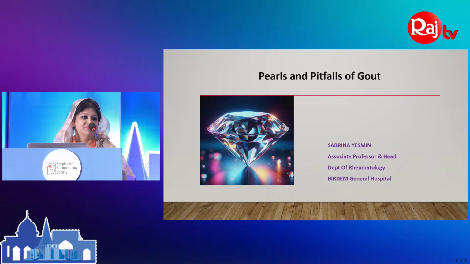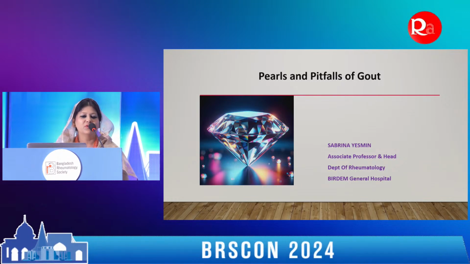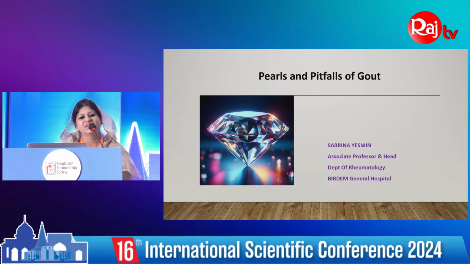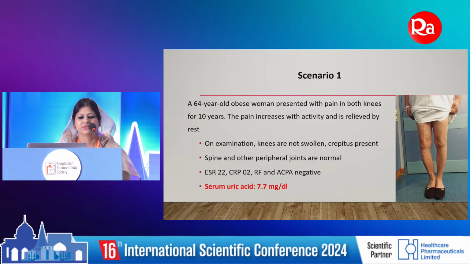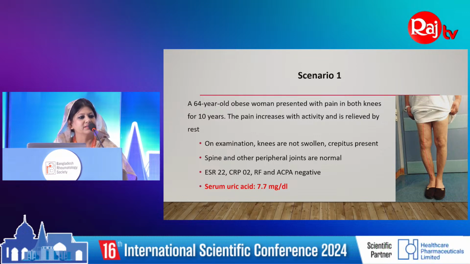Ladies and gentlemen, today I am not talking about the value of this crystal. I am going to talk about the pearls and pitfalls of the crystal-associated disease, that is gout. Before going to my presentation, I will show you some scenarios. A 65-year-old obese woman has mechanical pain in both knees, and her acute phase reactants are all normal, and she has negative rheumatoid factor and anti-CCP.